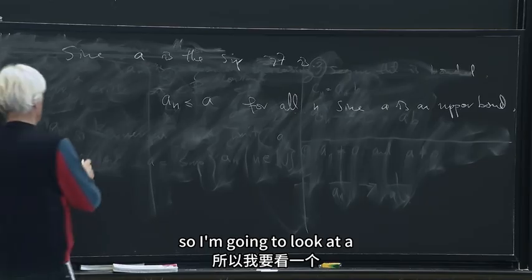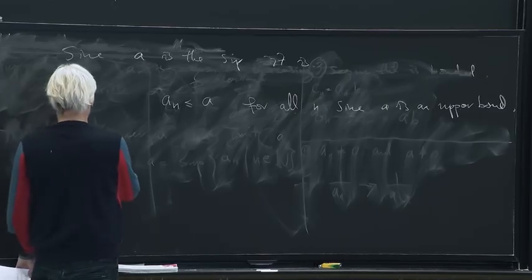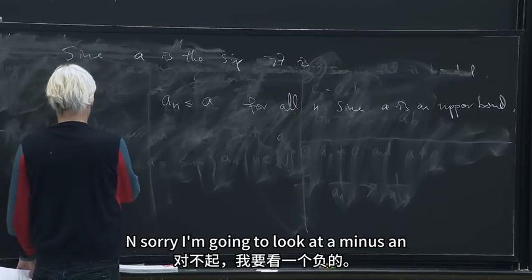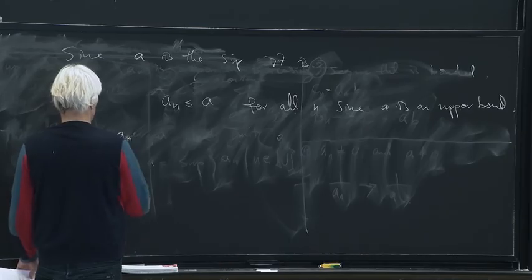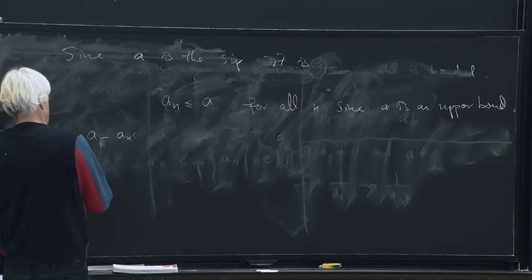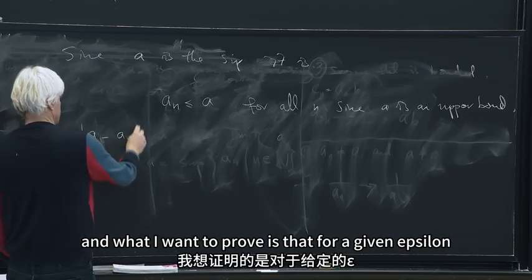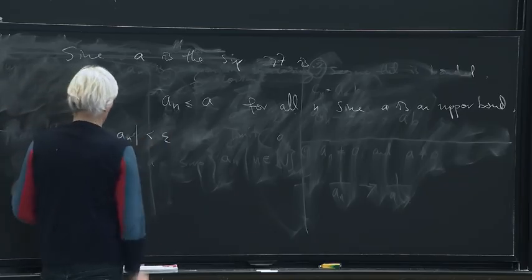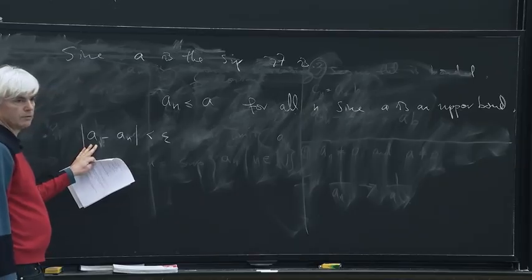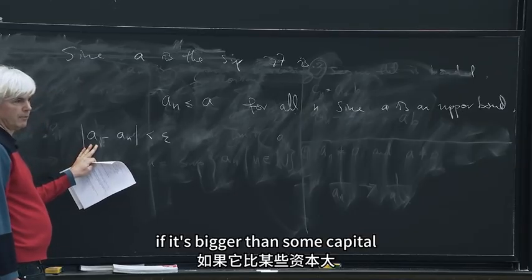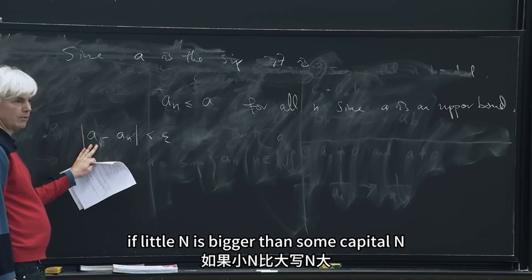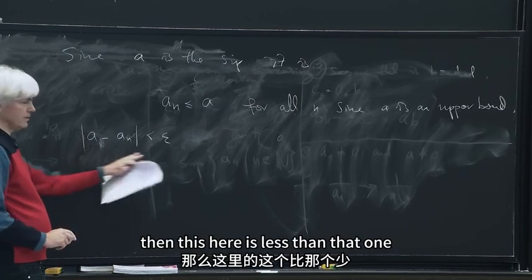So I'm going to look at A minus a_n. What I want to prove is that for a given epsilon, if I'm sufficiently far out, if little n is bigger than some capital N, then this here is less than epsilon.